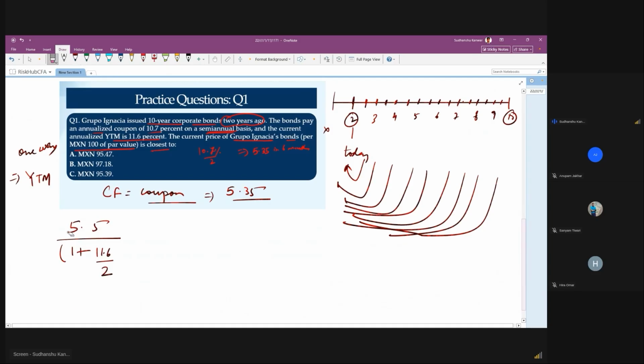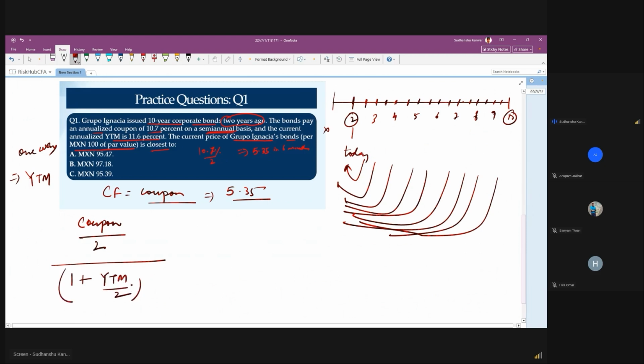Let me make it simpler. The cash flow, the total coupon, is divided by 2 because it is semi-annual. Similarly, 1 plus YTM divided by 2, because it is semi-annual.